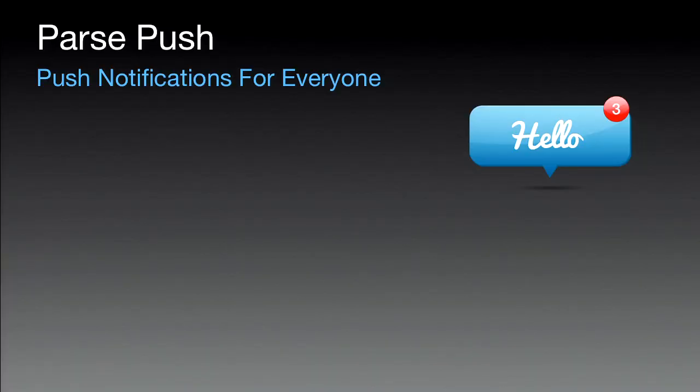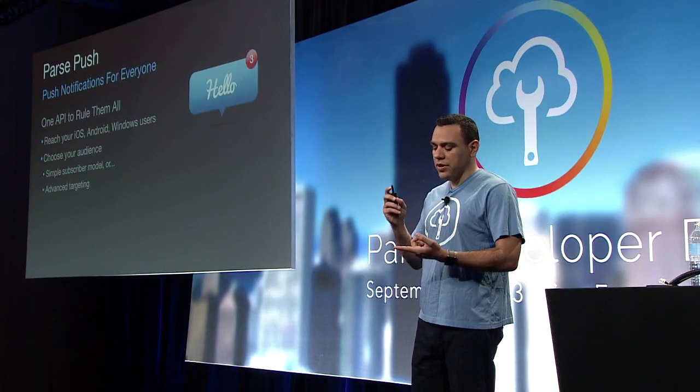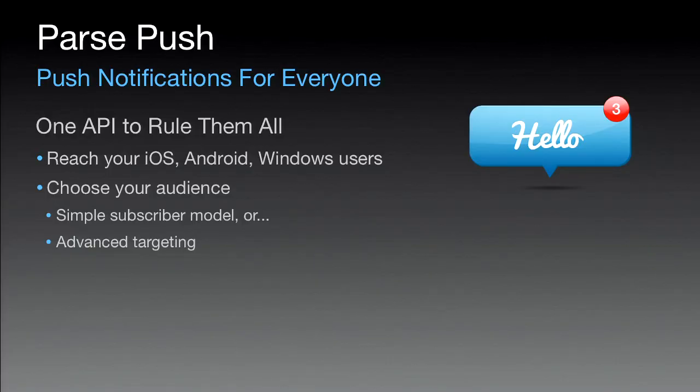So you need a way to push new information to the user to keep them engaged with your application. You can do that using push notifications. One great thing about Parse is that it lets you use a single API to push to all the platforms that we support, which for push notifications are iOS, Android, Windows 8, and Windows Phone 8 right now.